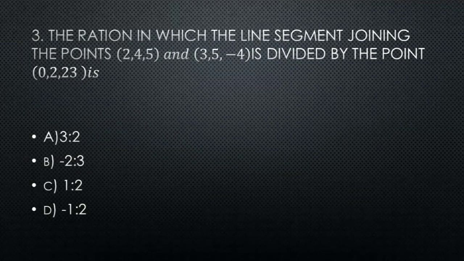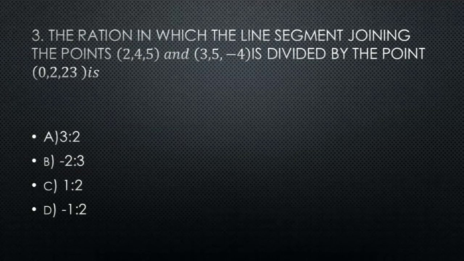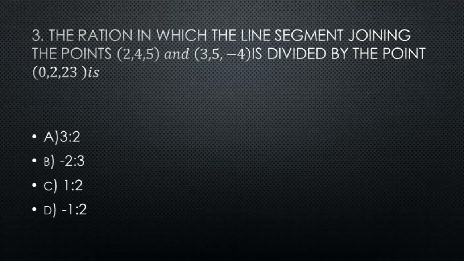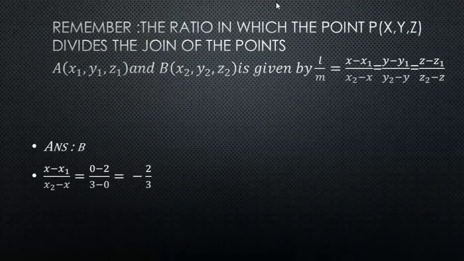Next one, the ratio. The ratio in which the line segment joining the points 2, 4, 5 and 3, 5, minus 4 is divided by the point 0, 2, 3. Options are 3 is to 2, minus 2 is to 3, 1 is to 2, minus 1 is to 2. See here, simple. This is one formula you have to remember.